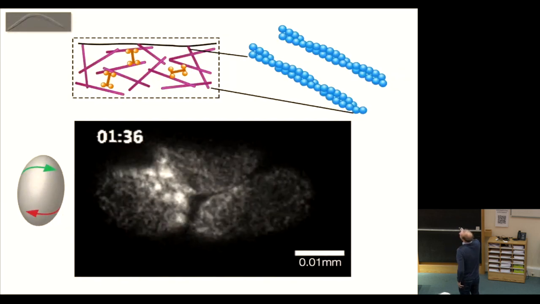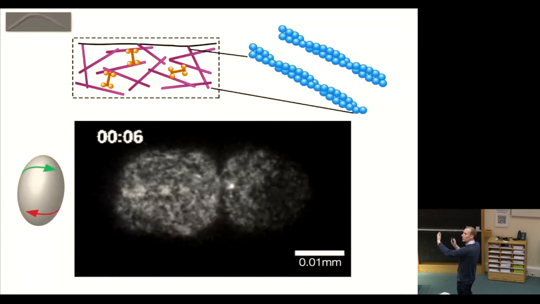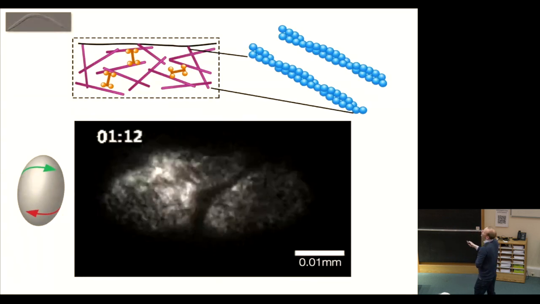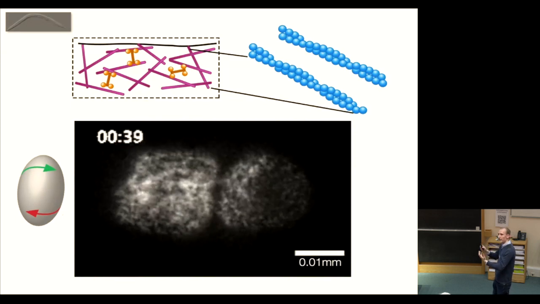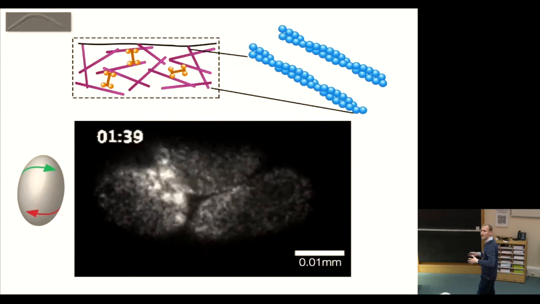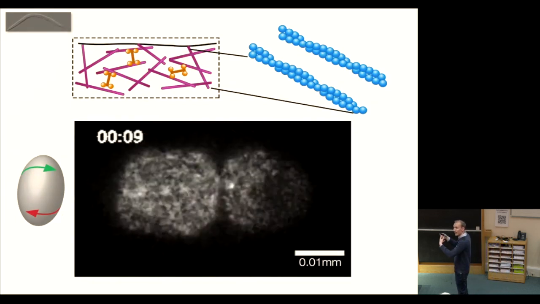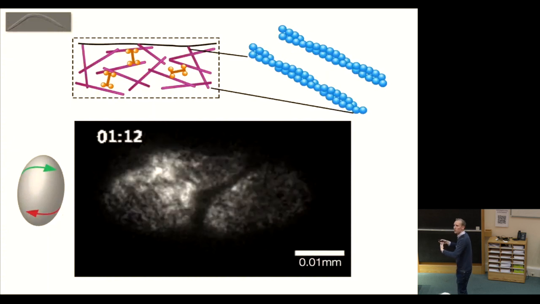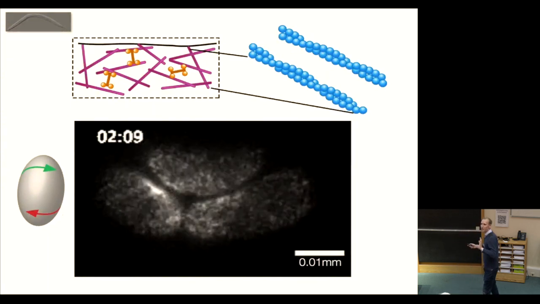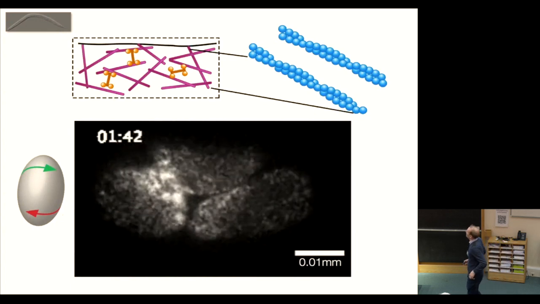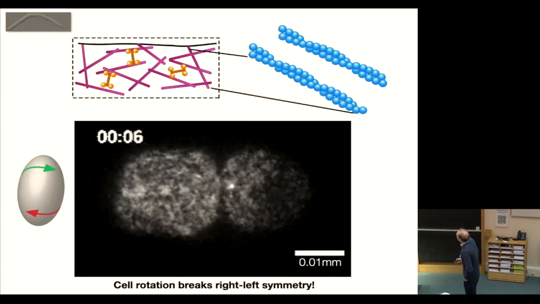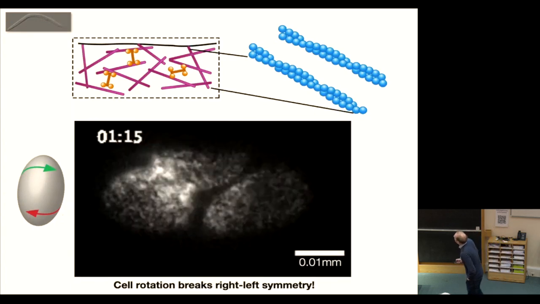But the moment you have this kind of division and this sort of rotation, you're selecting a specific plane and you finally broke the left, right, up, down symmetry of the organism as well. So there's a very clear first moment where suddenly this organism starts to have not just the front and the back, but actually also left, right, up, down. And so this is the point I just wanted to make.